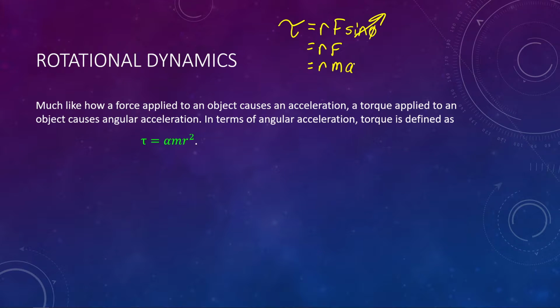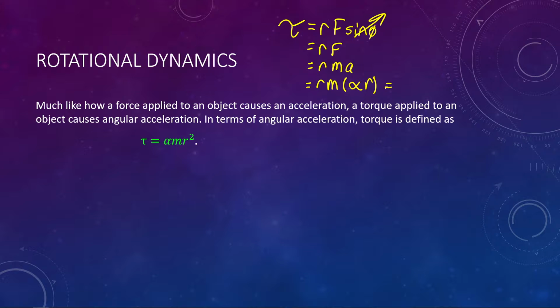So really we have r m a. But from 2 lectures ago, we saw that tangential acceleration a is given by alpha times r. So this equation becomes r times m times alpha r. So this is where that equation comes from.